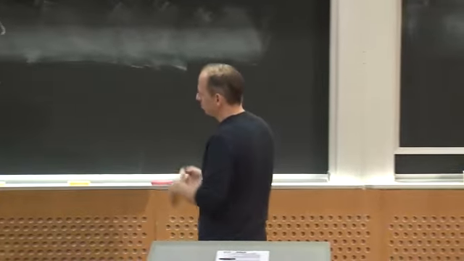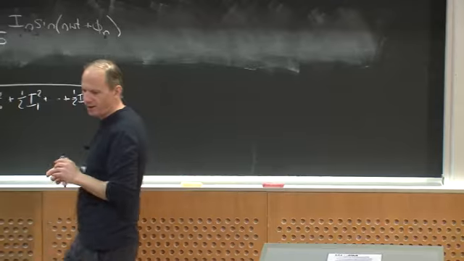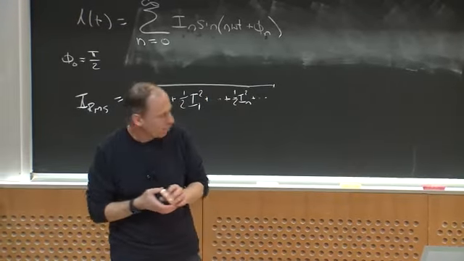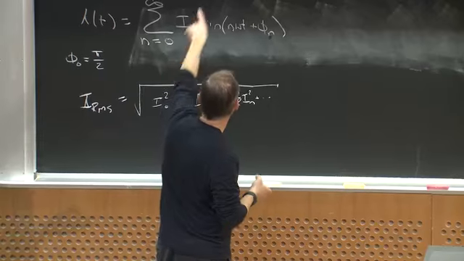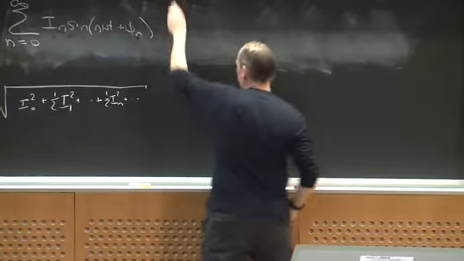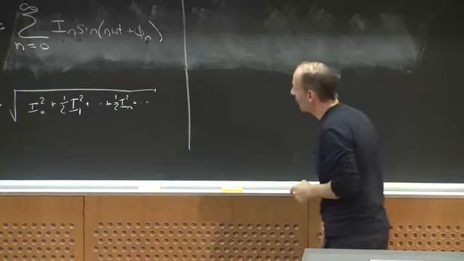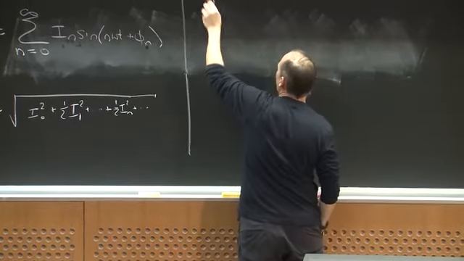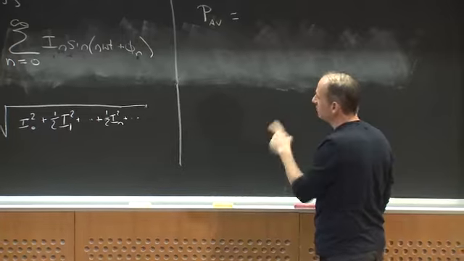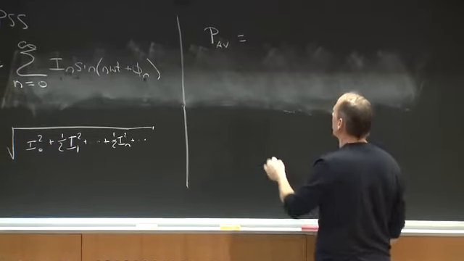So, fine, I can express my RMS current, all right? How would I write the power associated with that waveform, given this? Well, what I could do is say this. The average power, P average, I could write as the average of v of t times i of t, right?